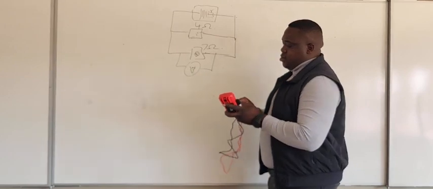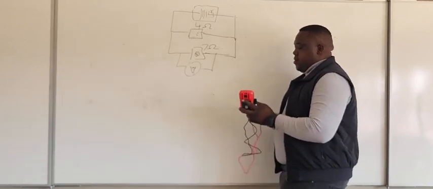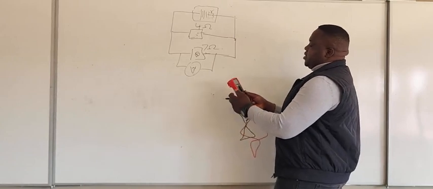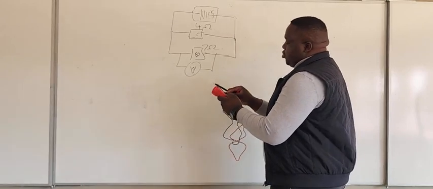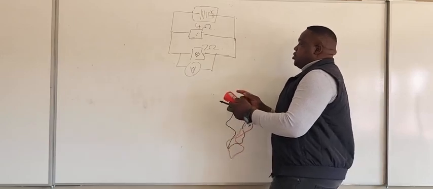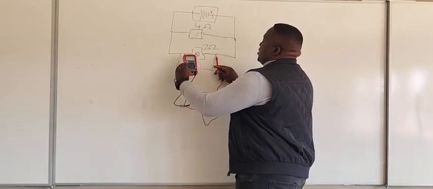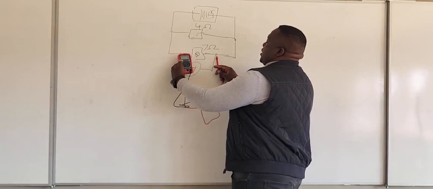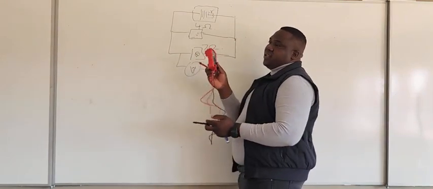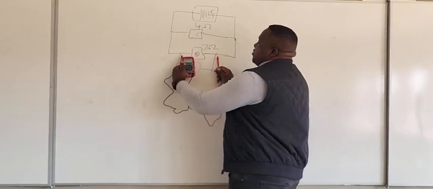Then what did we do? We took this multimeter, we took it to voltage. Then we connected here. Understand? So this V is represented by the screen of this thing, so we're going to have a reading.